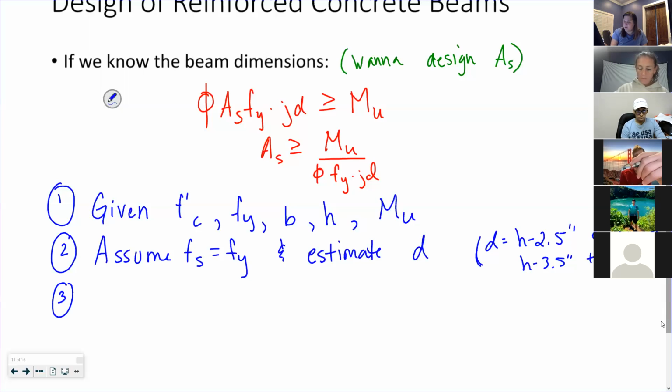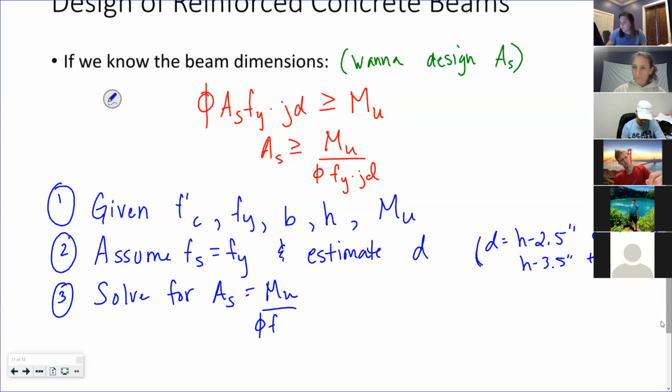Then we just solve for As using that equation: Mu over phi fy times jd. And I guess you assume a jd as well.